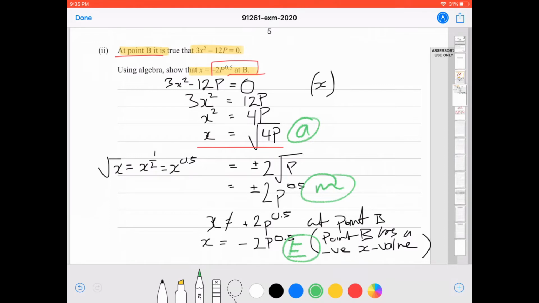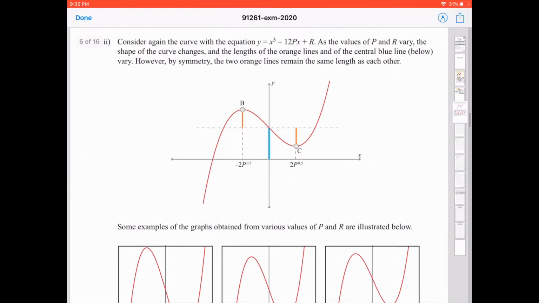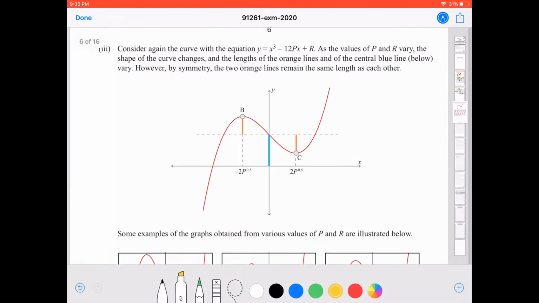Okay. Moving on to question C3 now. It asks us to consider again the curve with the equation y equals x cubed minus 12px plus r. As the values of p and r vary, the shape of the curve changes. The length of the orange lines and the central blue line, as we're seeing in our diagram below, vary.